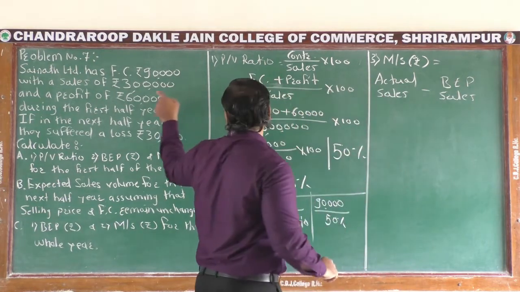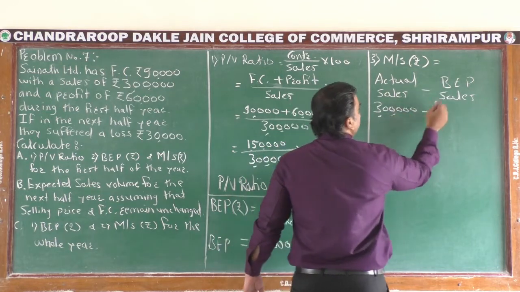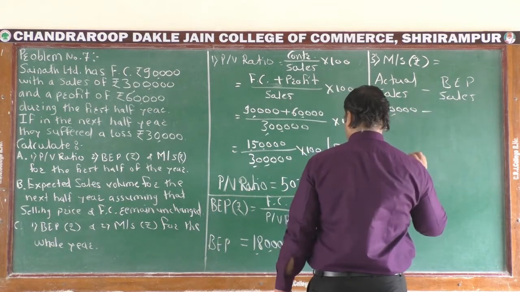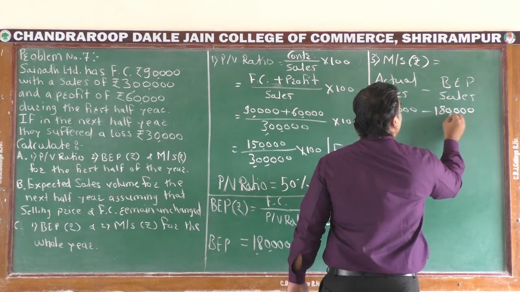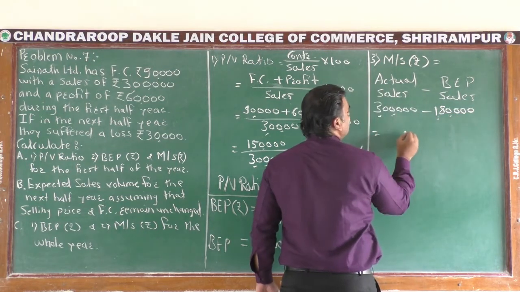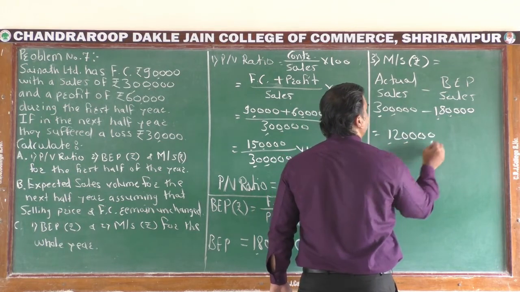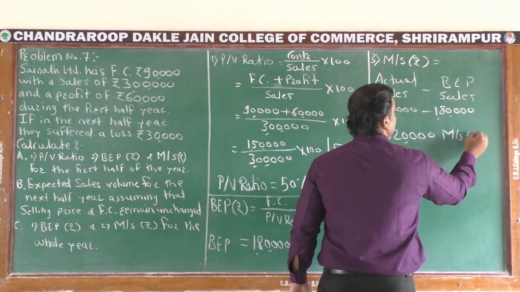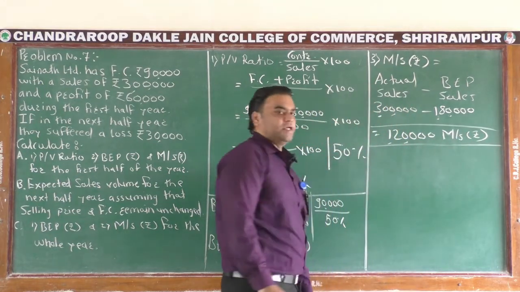First half sales are 3 lakh. So 3 lakh less BEP sales are 1,80,000. So 3 lakh less 1,80,000 is equal to 1,20,000 is the amount of margin of safety in rupees for the first half of the year.